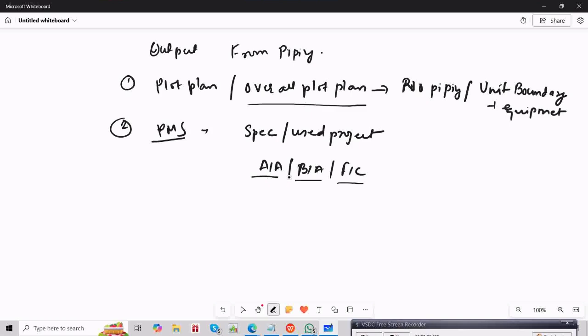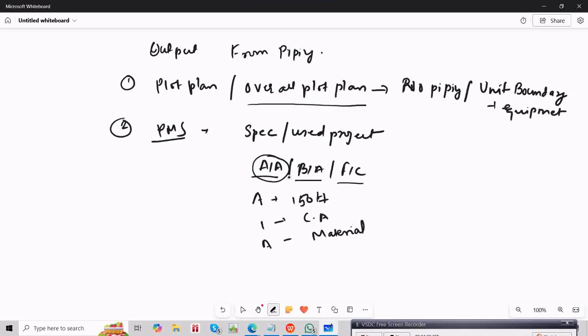If you ask me about this A1A, what does it mean? The first A stands for the 150 rating, the one stands for corrosion allowance, and the last A stands for material.